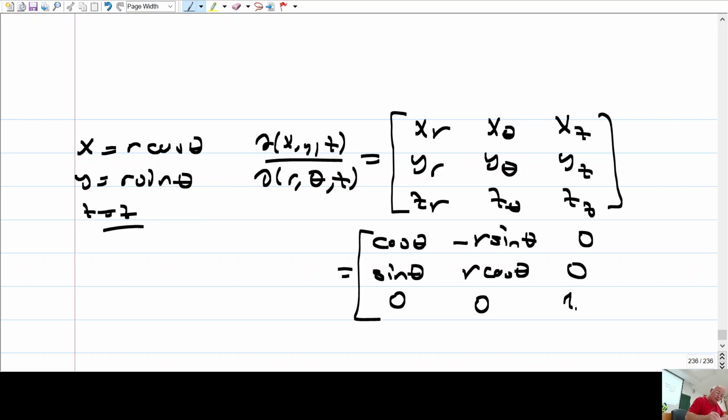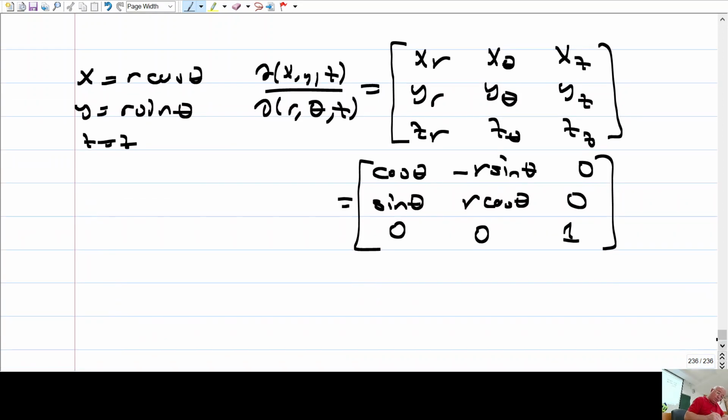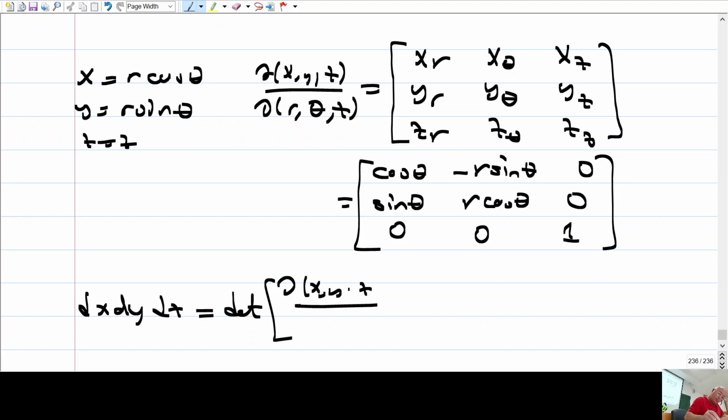Derivative of z with respect to z is just 1. Therefore, dx, dy, dz is just the determinant of this expression, x, y, z with respect to r, theta, z, times dr d theta dz.